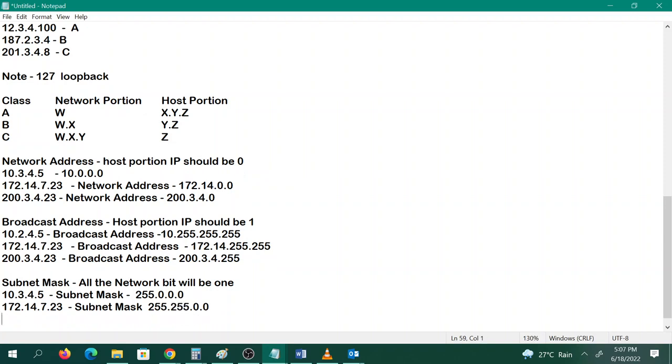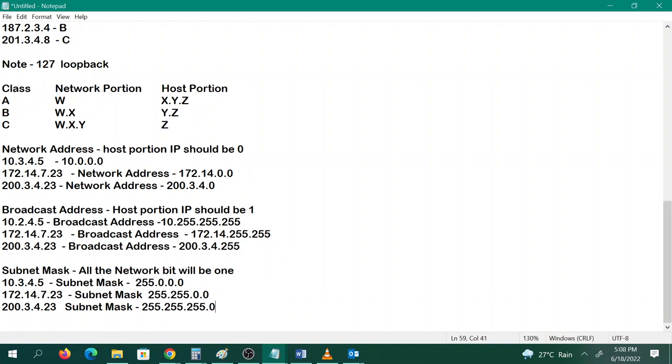Same way, if we take the third IP and want to know the subnet mask, it will be 255.255.255.0. So you can consolidate: class A subnet mask is 255.0.0.0, class B is 255.255.0.0, class C is 255.255.255.0.